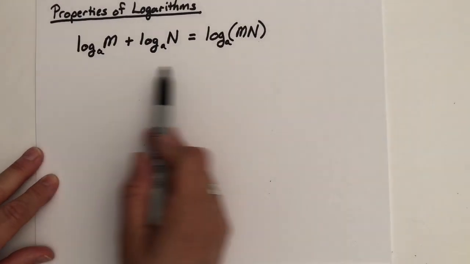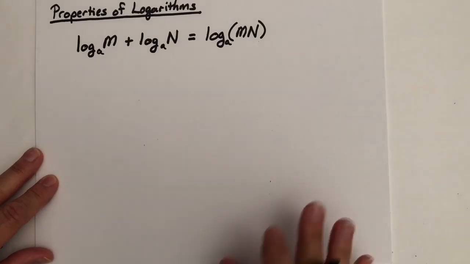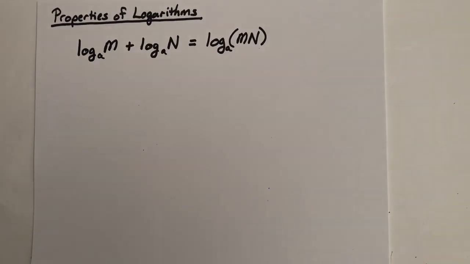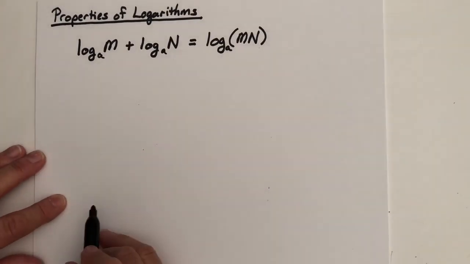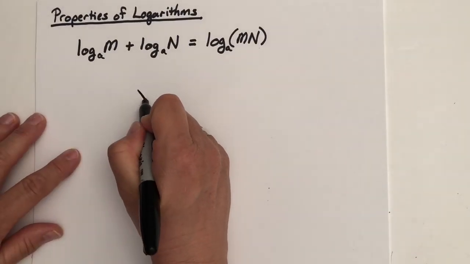Now, here's what it's related to. I'm not going to prove it to you, but I want to show you what it's related to. Because when we're thinking about logarithms, we're thinking about exponents. They're related to exponents, and their properties are related to the properties of exponents. And let me show you what I mean. In algebra, I hope you're familiar with this.